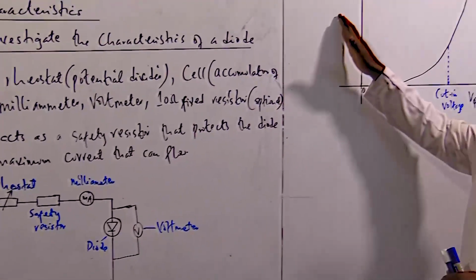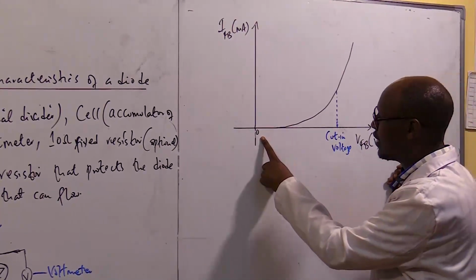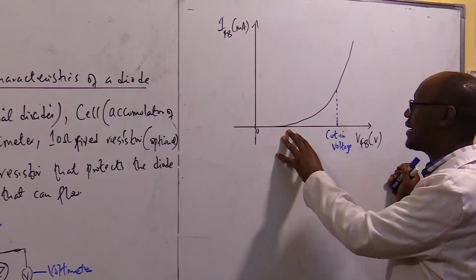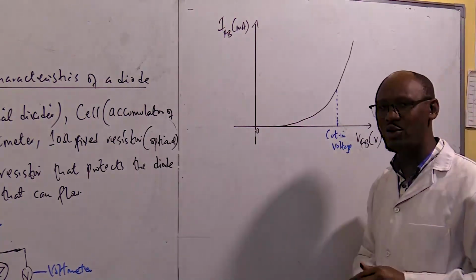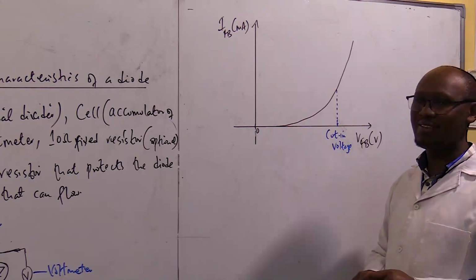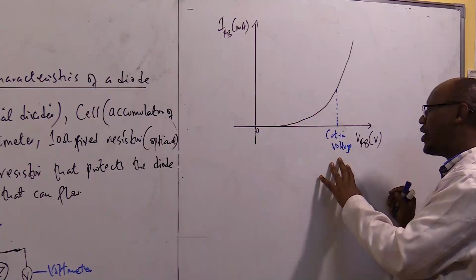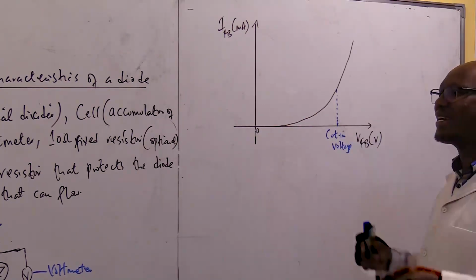And then as you can see from our graph, as you increase the forward bias voltage, initially you will not be able to record any current. But slowly you'll be able to see small amounts of current, which we have said is as a result of leakage current. Then it reaches a certain point when the amount of charges suddenly increase.